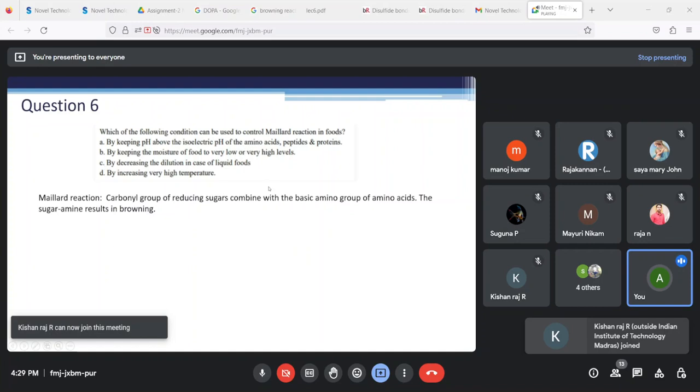What happens when you keep the moisture content of the food very low or very high? Why is the moisture content of the food very important in case of Maillard reaction?